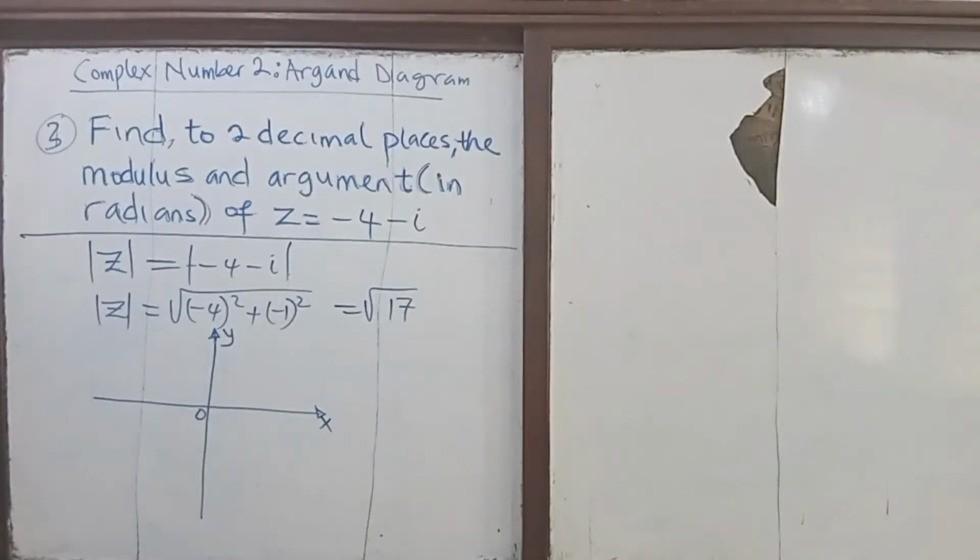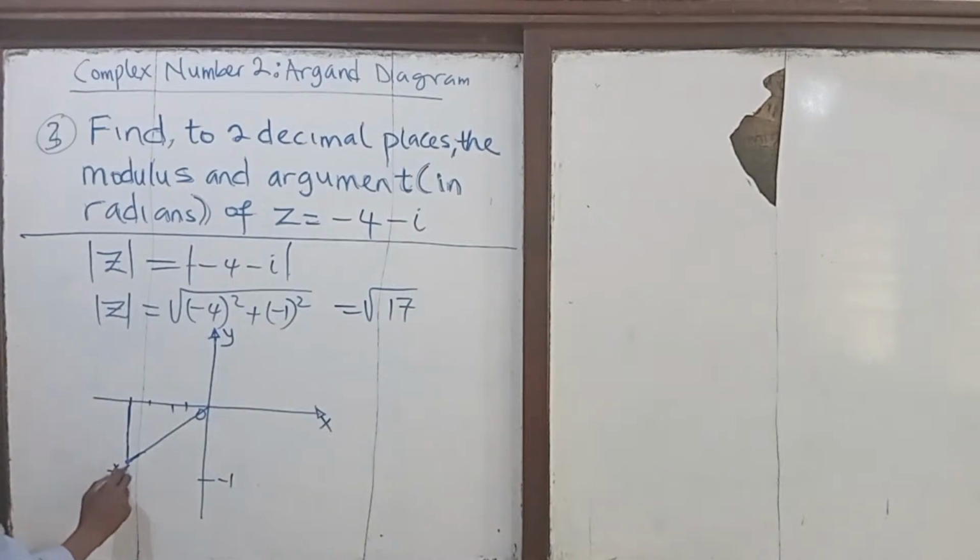We have -4 on the horizontal, so 1, 2, 3, 4, and -1 on the negative y. From the origin, you connect the points.